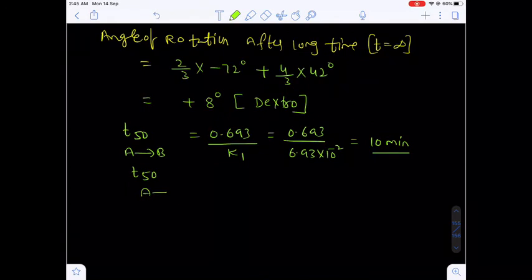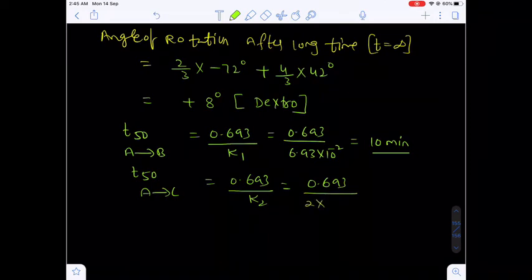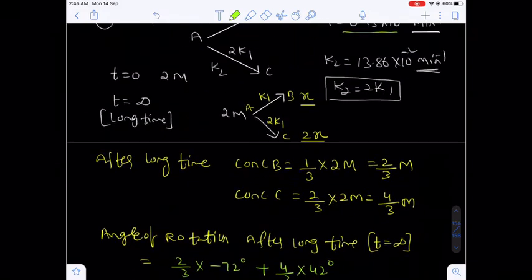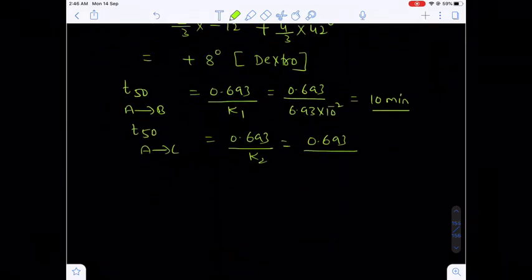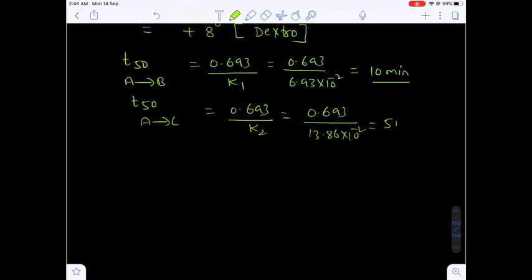Similarly, what is the half period for the process A to C? That will be equal to 0.693 by K2. What is the K2 here? 2 times, so 13.86 into 10 raised to minus 2, which gives you 5 minutes.